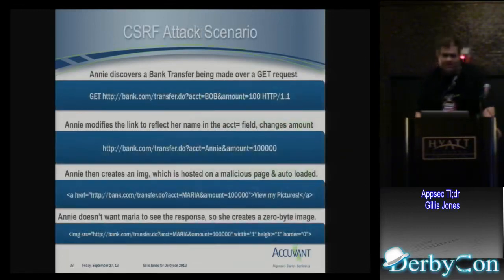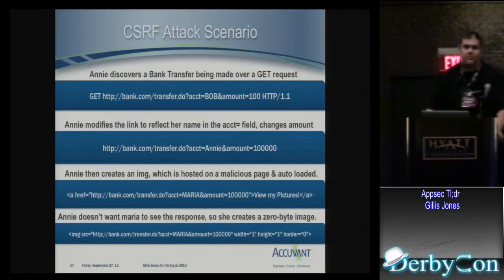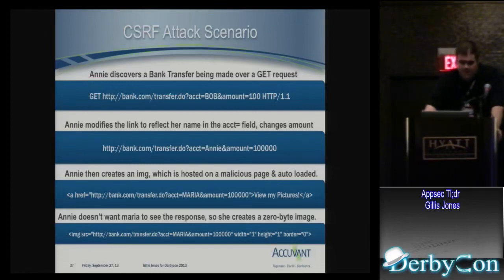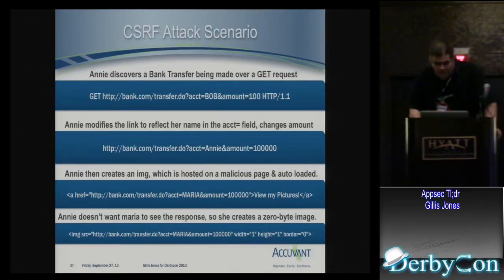And a typical attack scenario is something along these lines. Annie basically discovers that sensitive information is being transferred over a GET request. She modifies the link to change the amount of money that's being transferred from $100 to $100,000. And then she notices that in the account field, it's her username. So she creates a little image on her site, which Maria happens to visit very frequently.